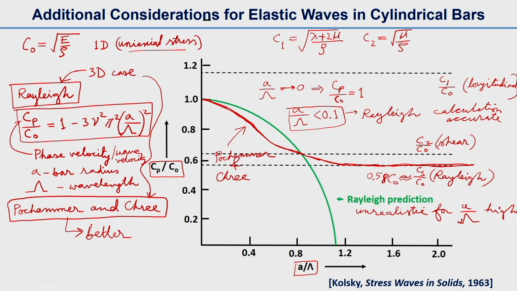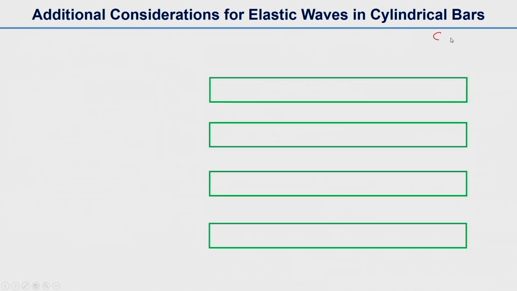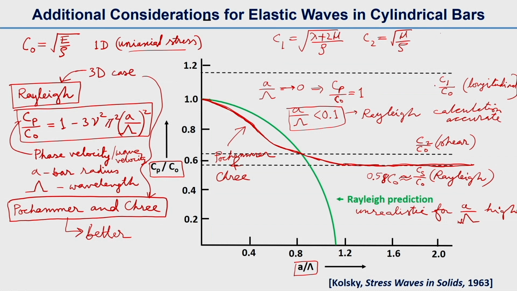So whatever we told about C1, C2 and Cs, as we discussed, the dotted lines are C1 by C naught, that is the normalized longitudinal wave velocity, and then C2 by C naught, and then again Cs by C naught.